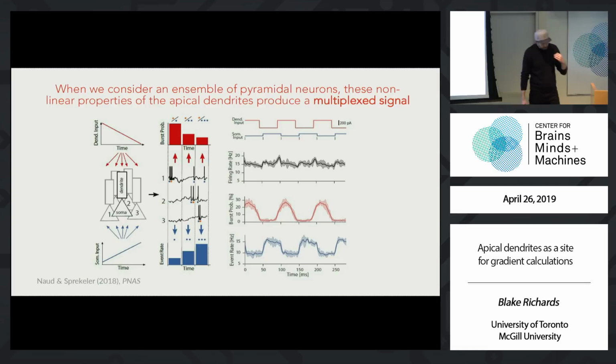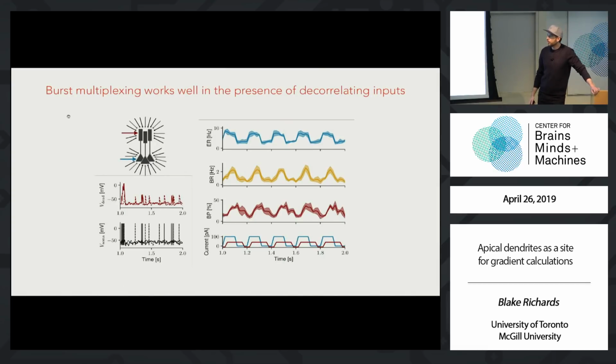So Richard and I got talking shortly after he published this paper. This is just to show that you get this same effect even when you've got other inputs. So if you've got a whole other set of Poisson inputs coming into your ensemble, and you look at what happens when you inject, here blue is the perisomatic compartment and red is the apical compartment again.